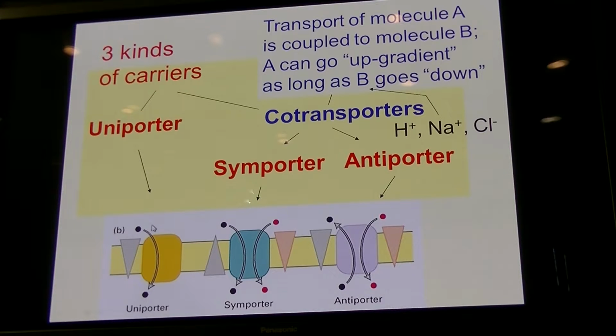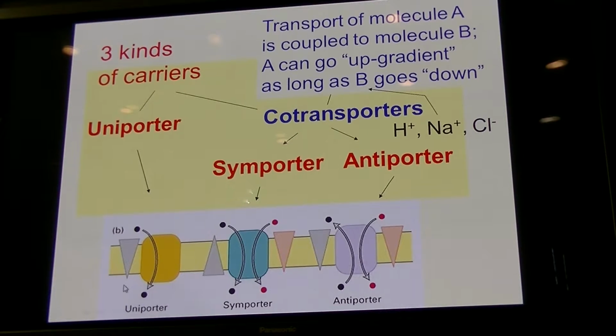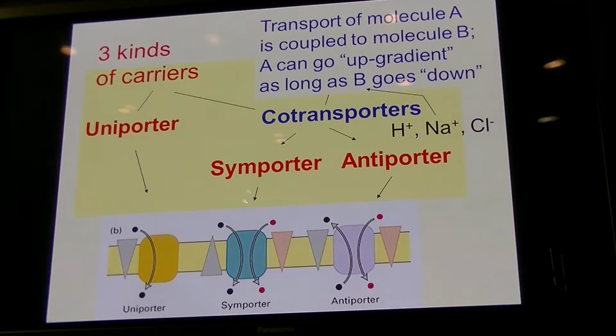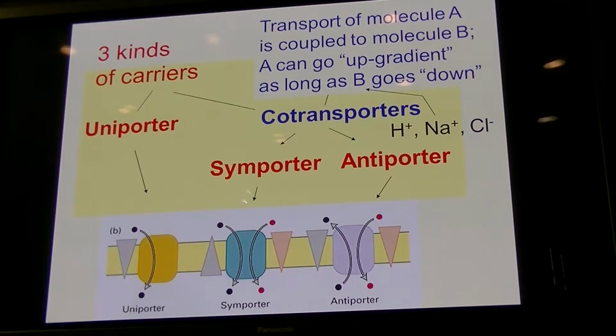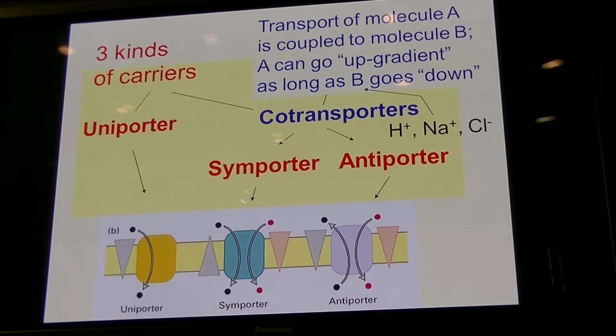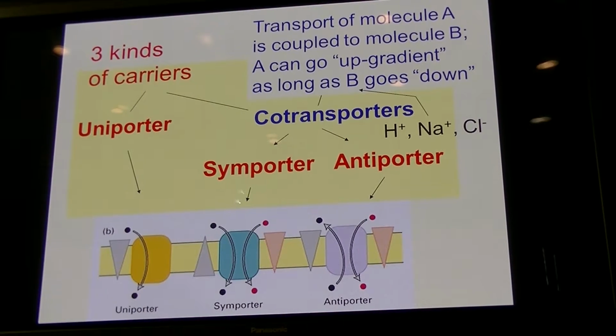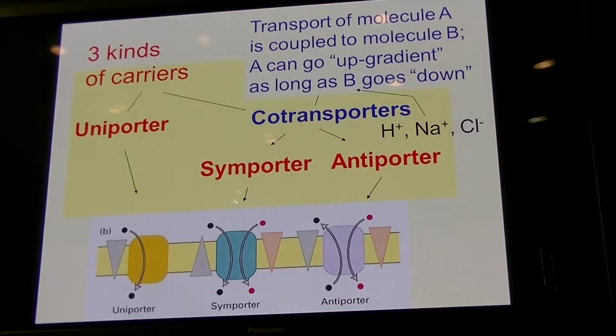And the transporter, which is a uniporter, moves the molecules in the net direction down gradient. But there are other options. Many carriers take two substrates at the same time. And if they do that, they can move the two substrates in the same direction or in the opposite direction.